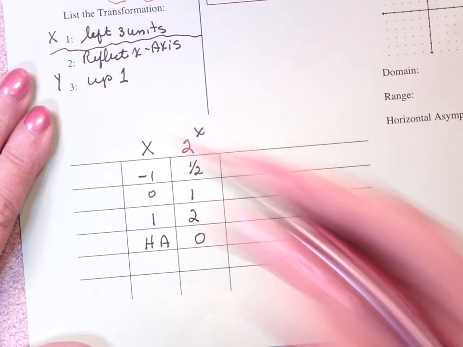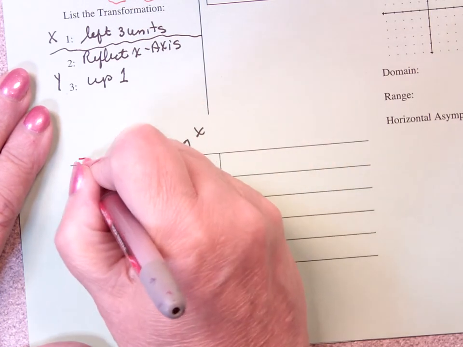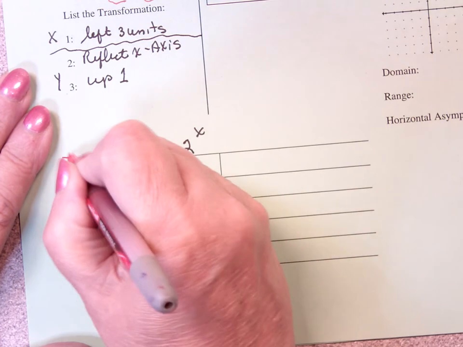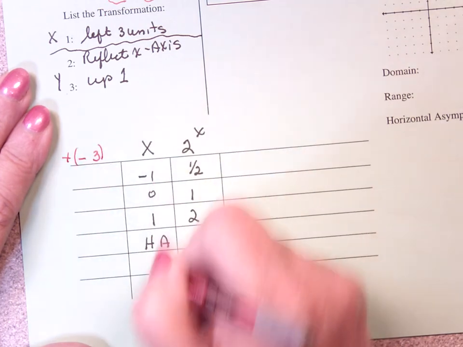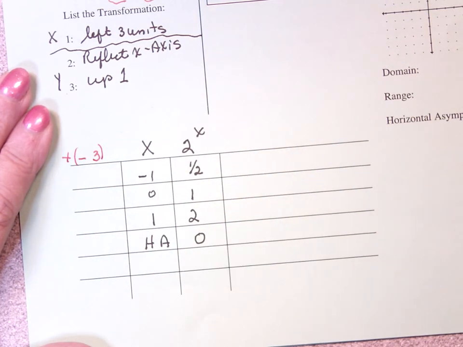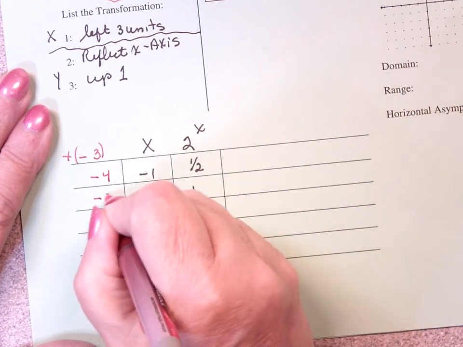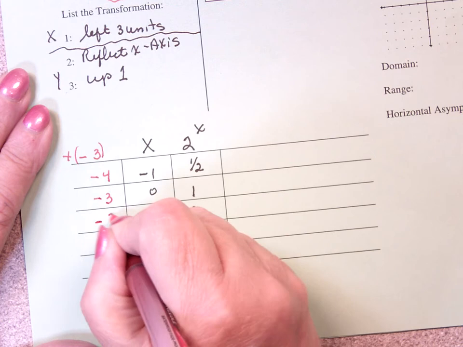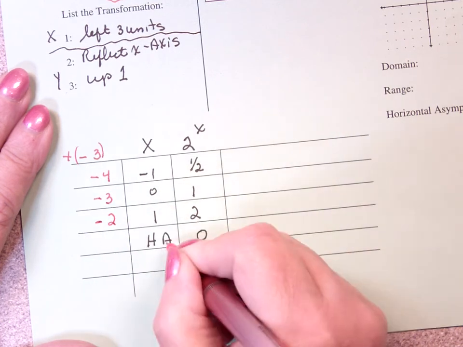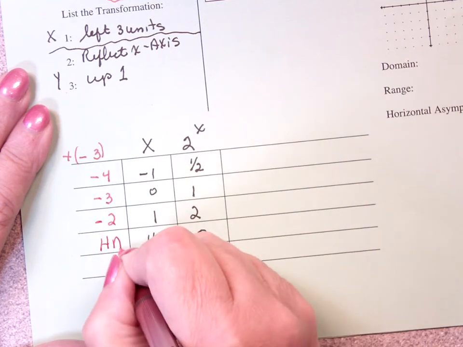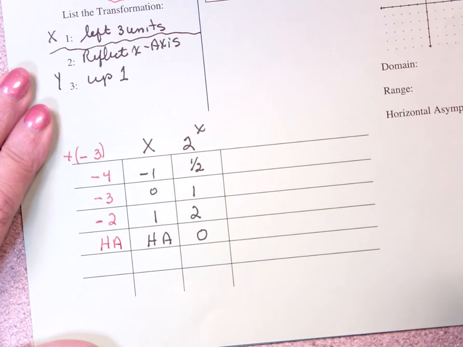Now I'm going to go left 3, which means I'm going to subtract 3 or add a negative 3 to all of the x's. That moves everybody left by 3 units. So this would be negative 4, negative 3, negative 2, and the HA is still the HA. It doesn't shift because it deals with y and not x.